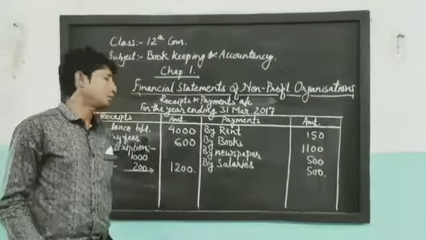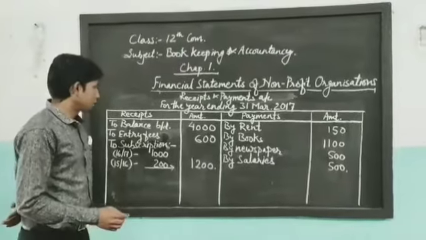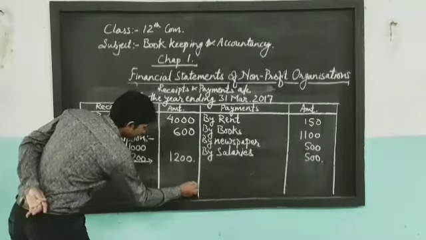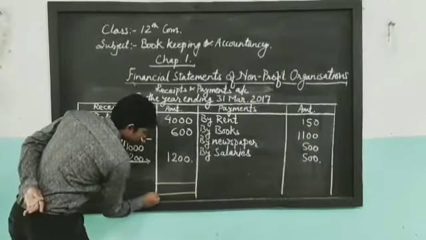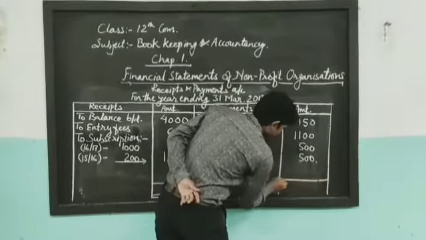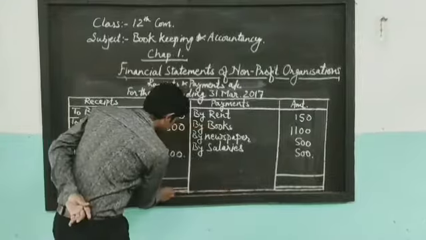Now you have to calculate the balance at the end of the year. For this purpose, we will leave a line on both sides and make the total column. Close it with a double line. Leave some space for writing the balance.